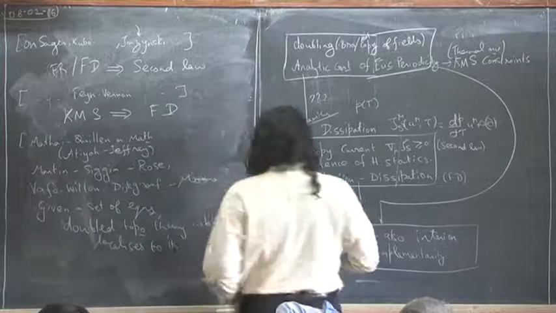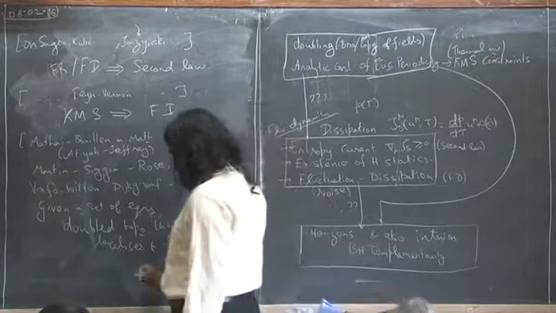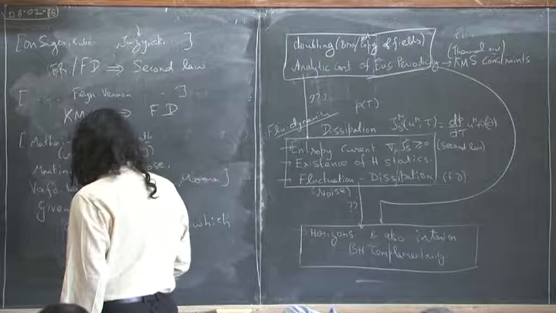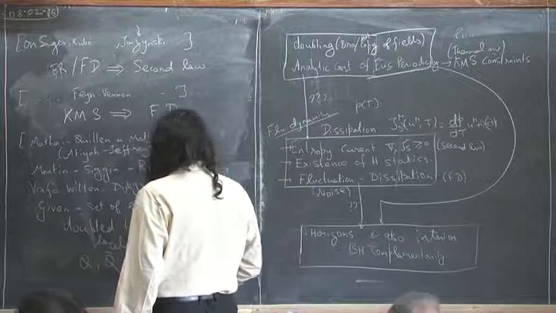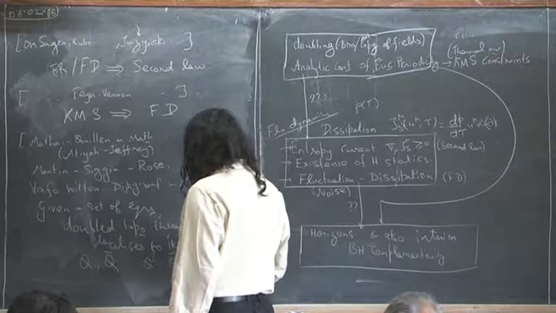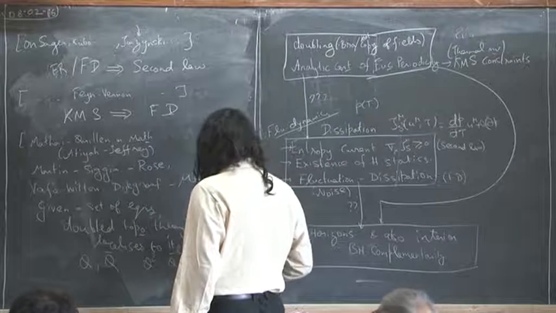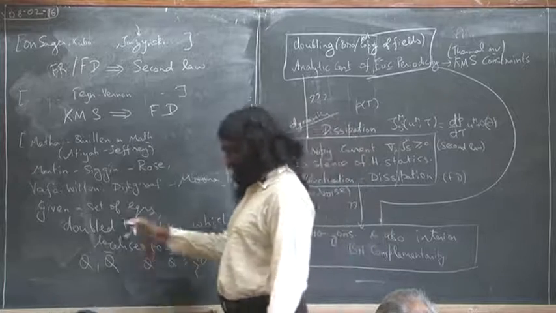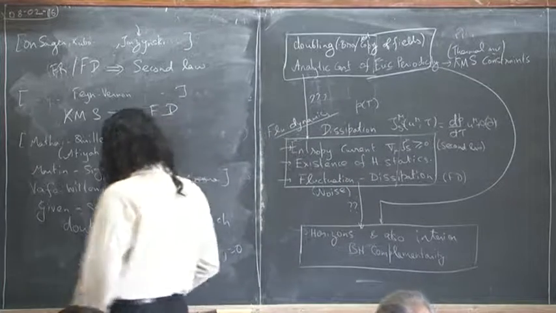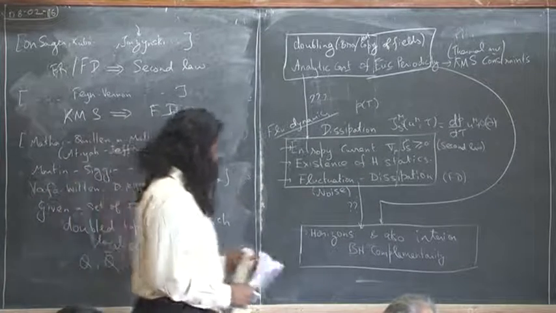The doubled topological theory usually means that you have a Q and a Q bar such that Q squared is 0 and Q bar squared is 0, and they anti-commute. And your action is Q closed and so on. It's a topological theory of Witten type.